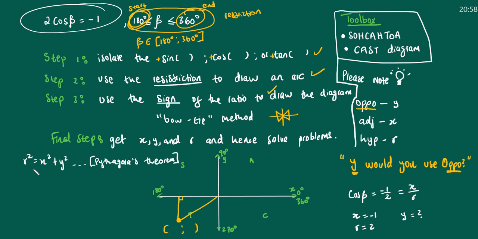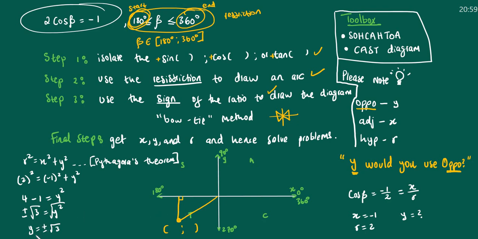Then r is 2, x is -1, and then you are looking for y. Please, you see here you're gonna have 4 minus 1 is equal to y squared. You're gonna have 3 here. Please, when you put the root, always put plus or minus. So your y should be plus or minus the root of 3. Put plus or minus for y and x, but for r, just get the positive value because r is always positive.